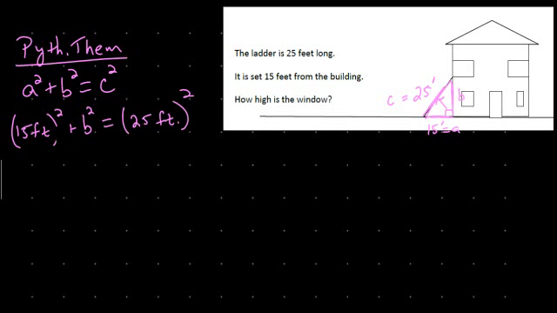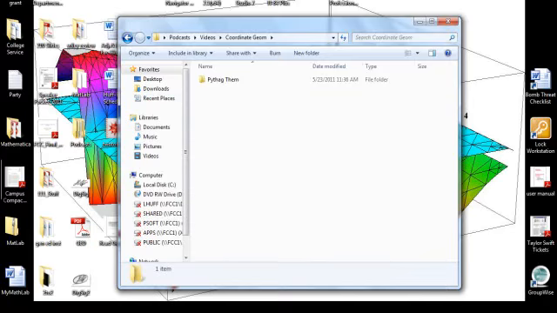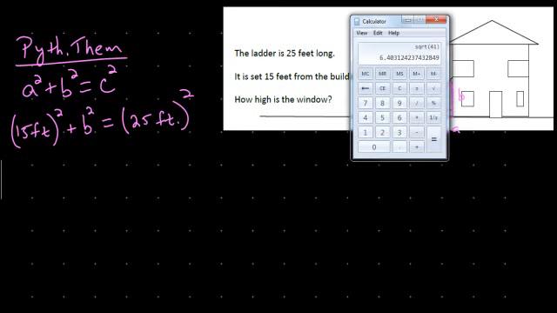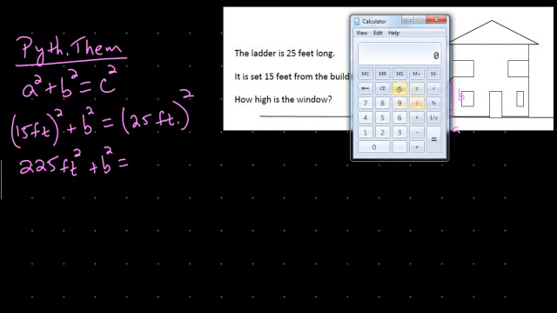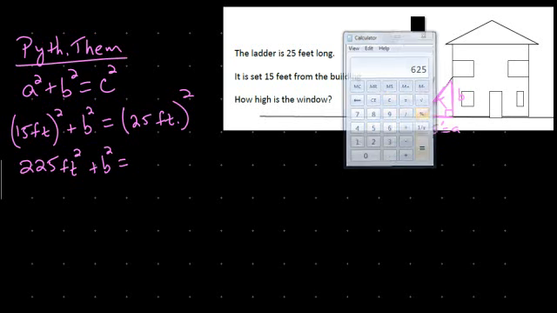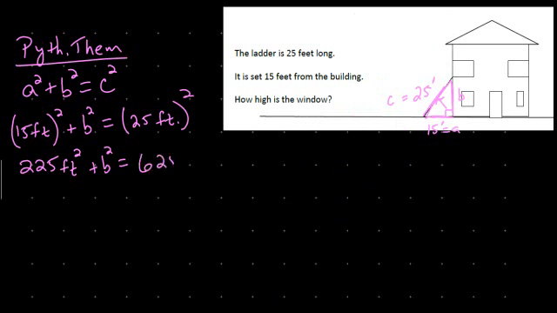So that 15 feet squared, 15 squared is 15 times 15, which is 225. And the feet times the feet gives me square feet, plus B squared equals 25 squared, 625, and again the feet squared is going to be square feet.